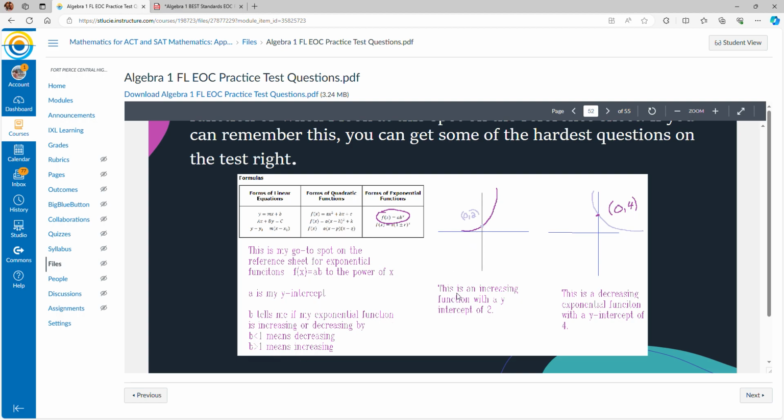So this first function has a y-intercept of 2, and I said this is an increasing function with a y-intercept of 2, so my b would be greater than 1. And then over here, I made an exponential function with a y-intercept of 4. This is a decreasing exponential function with a y-intercept of 4, so b would be less than 1.